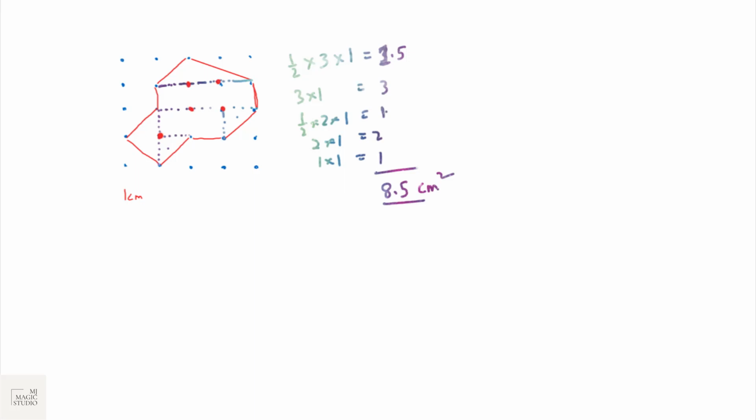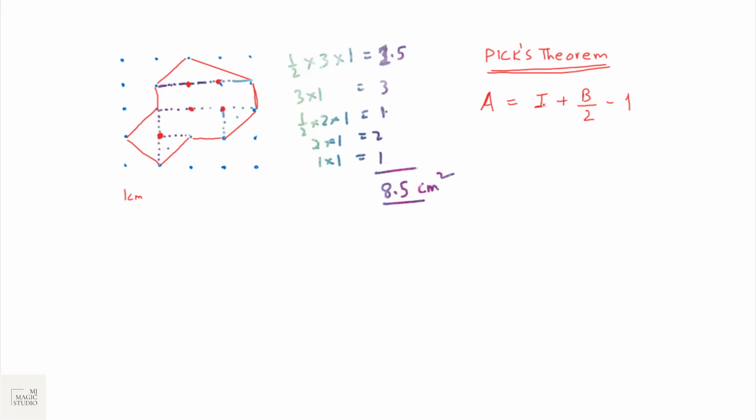Now, to solve these kinds of questions, we can use Pick's theorem, which says that the area of any such bounded figure is given by A = I plus b by 2 minus 1.